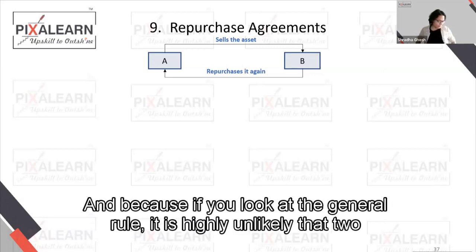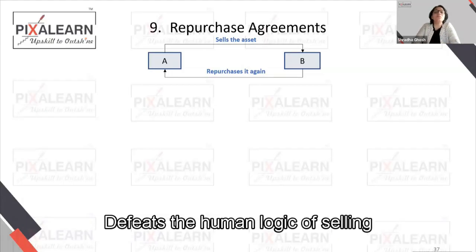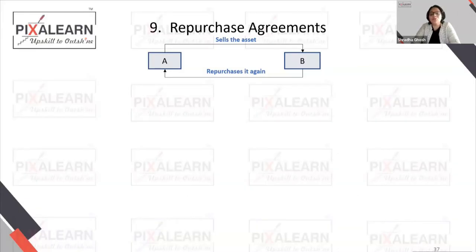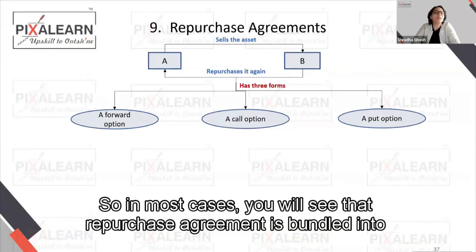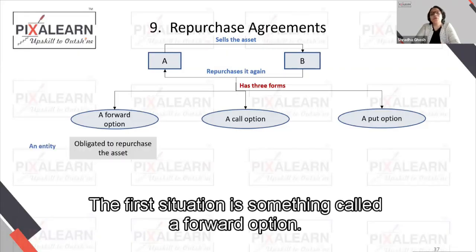Because, in general, it is highly unlikely that two parties will enter into a contract to sell and then repurchase the same asset. It defeats the human logic and rationale behind selling if you want to repurchase it. So in most cases, repurchase agreements fall into three situations. The first is called a forward.